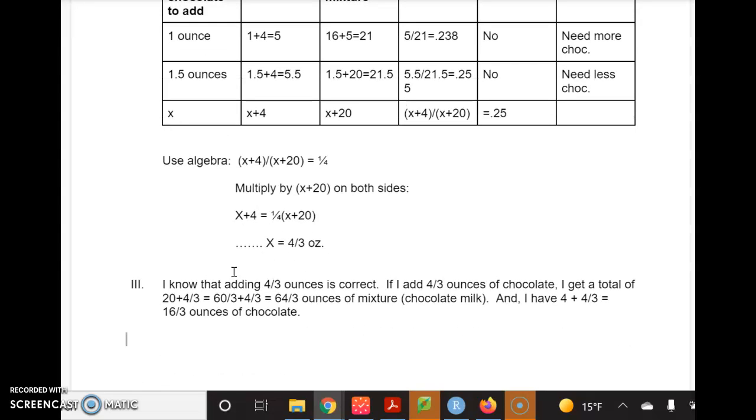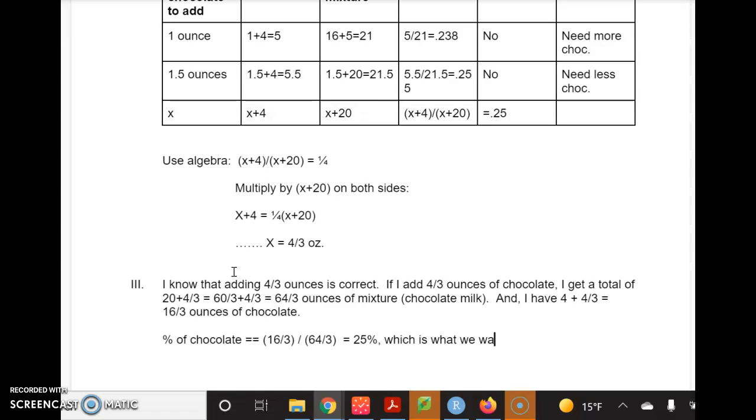And then I need to figure out the percent of chocolate, right? Percent of chocolate would equal 16/3 divided by 64/3, right? And it's pretty easy to do a little arithmetic there and see that that's exactly equal to 25%. All right, 16/64. So which is what we wanted.